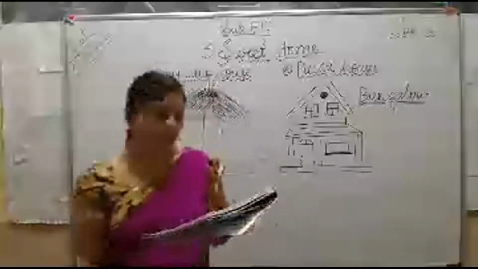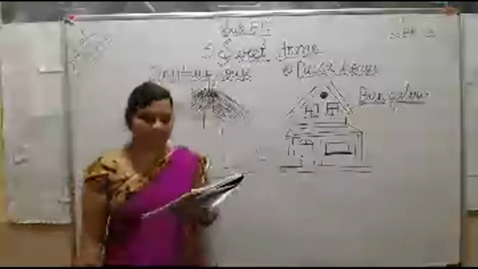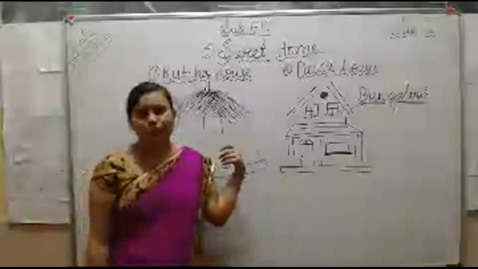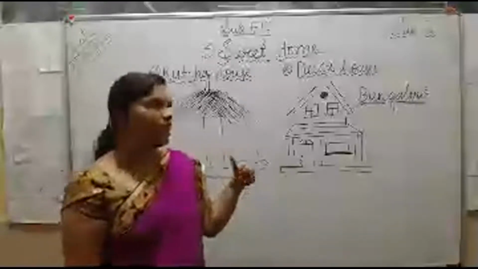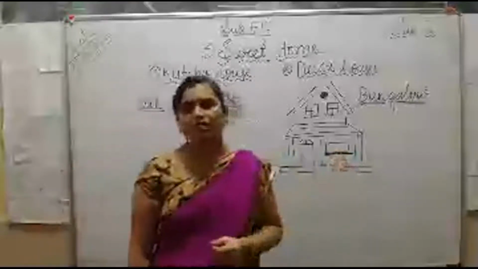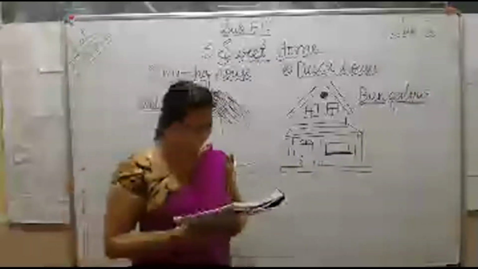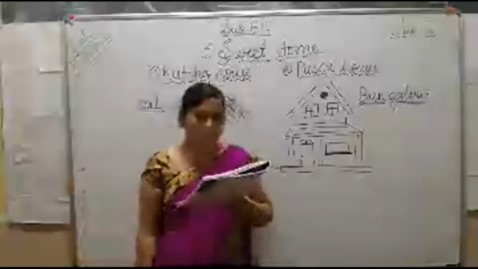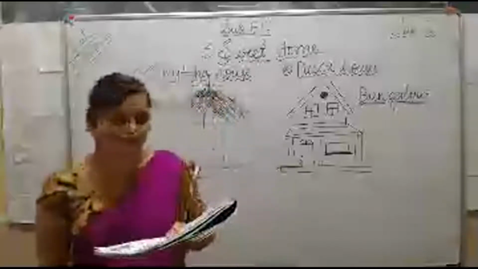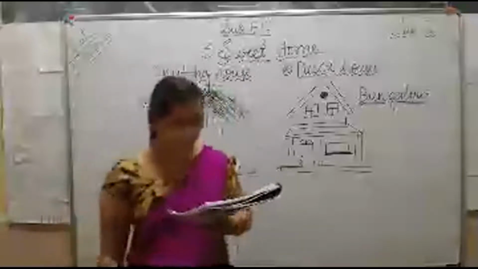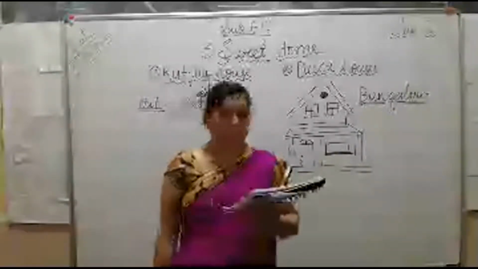In cities and towns, people live in Pakka houses. Huts are usually seen in villages, but Pakka houses we see more in cities and towns. People live in Pakka houses made of bricks, stones, iron, wood, cement, etc. They are strong.